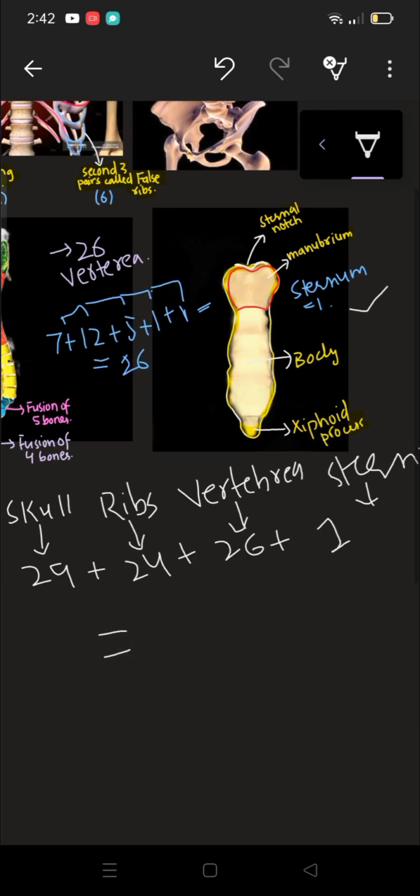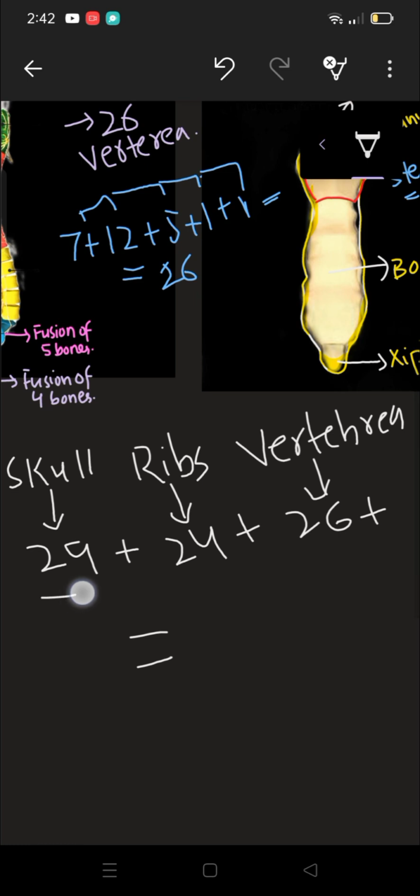If I count these all, as we counted these 29 bones in yesterday's class, 8 bones were present in the cranium, 14 bones were present in the face, also known as facial bones. Then we have one bone present in the neck, known as hyoid bone. Then we have 6 bones present in our ear, also known as ear ossicles, which are malleus, incus, stapes.